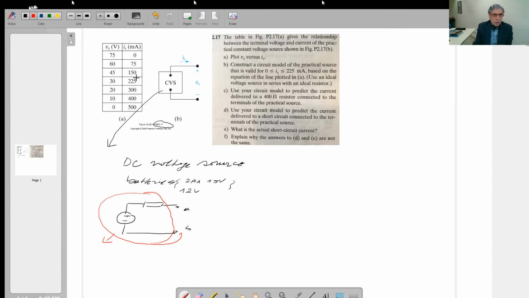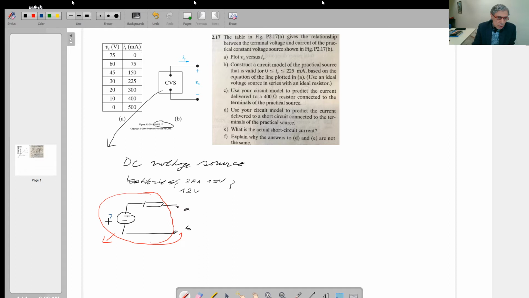Now what is asked in this question, there is a list here. They are saying there is a circuit here, and they measure this current. That means this current is related with this part of the circuit. And we've got VS as well. So what is asked here? Let me change the color once more.